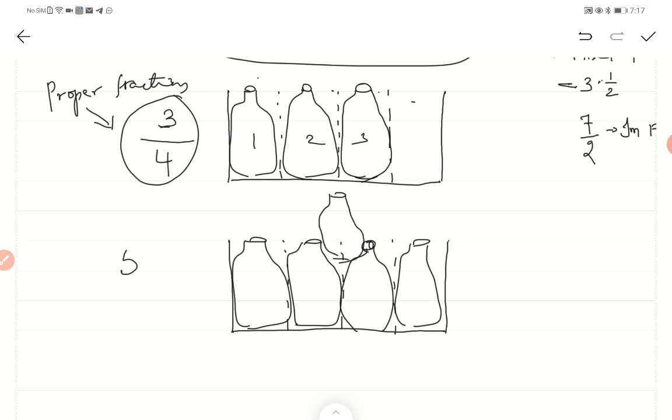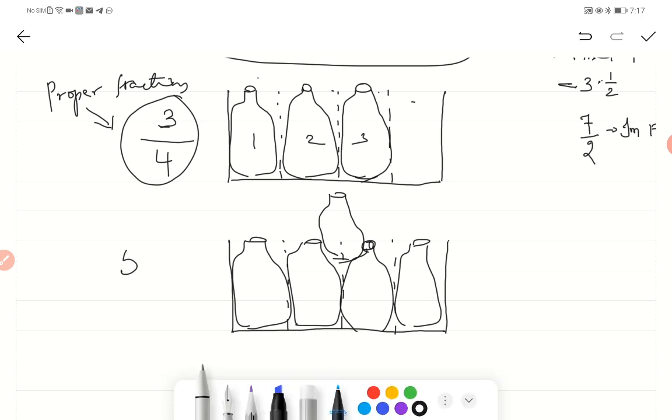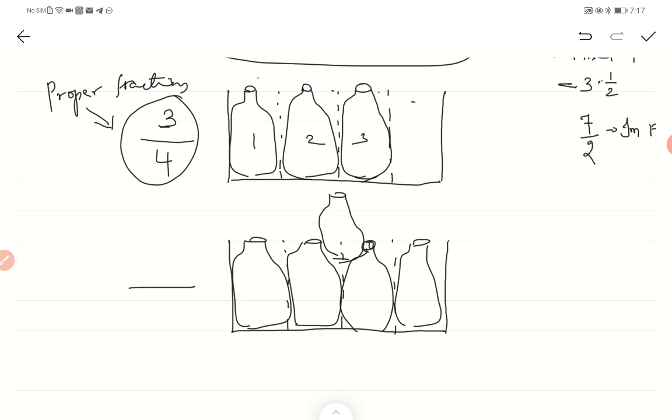That means it is overloaded now. Your space is only of 4 bottles, 1 2 3 4, but you are trying to accommodate 5 bottles, 1 2 3 4 and 5. One is extra, so I will write this fraction as 5 by 4.